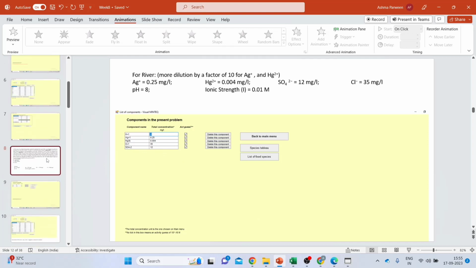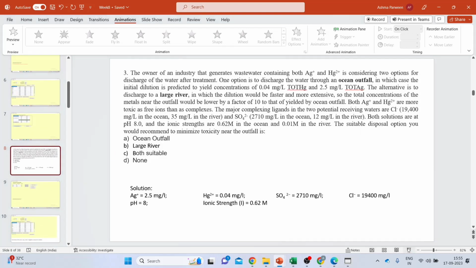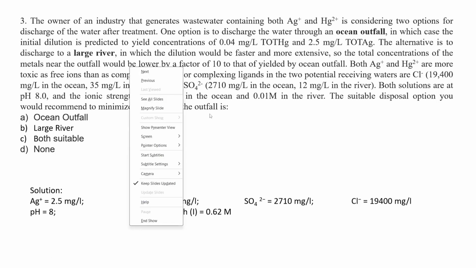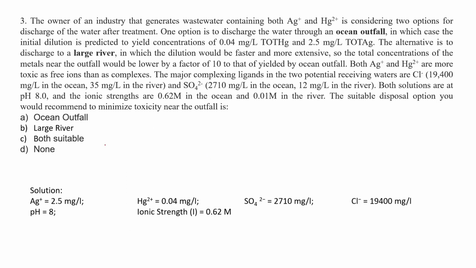So the question was, the suitable disposal option you would recommend to minimize toxicity near the outfall. It will be ocean outfall, because in the river system we have seen that the concentration of Ag plus is increasing.